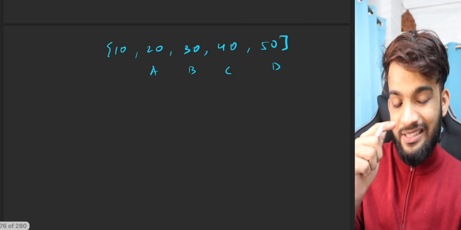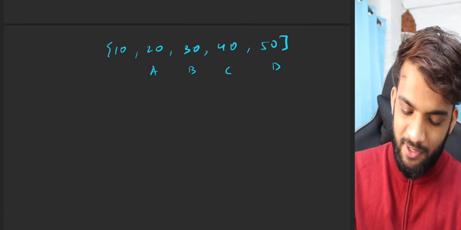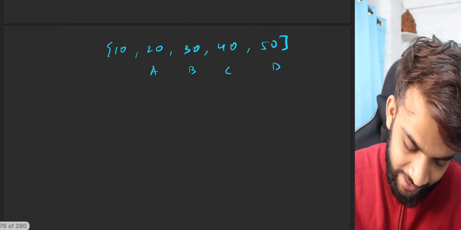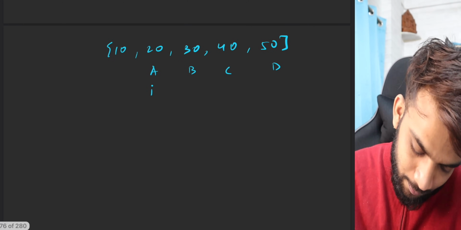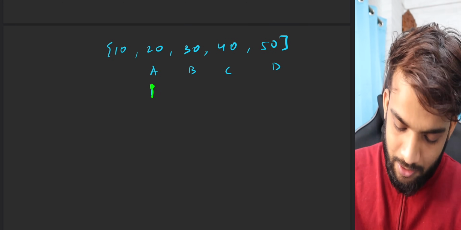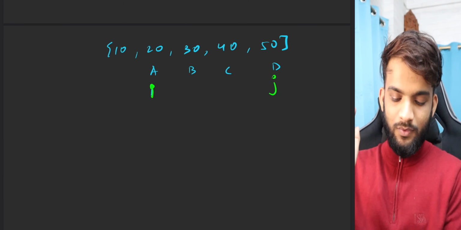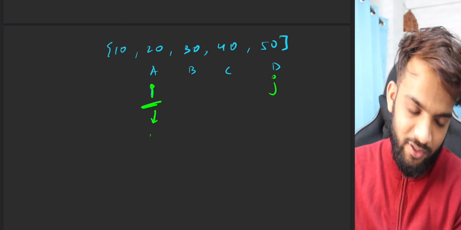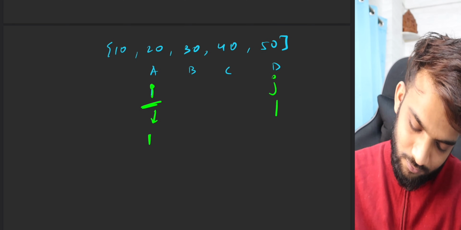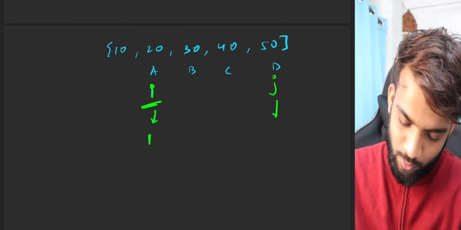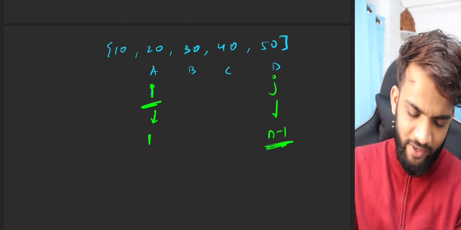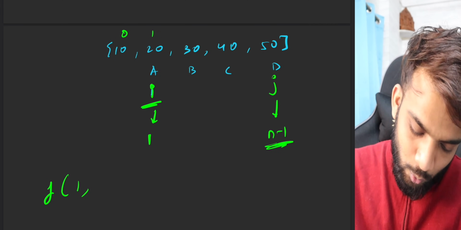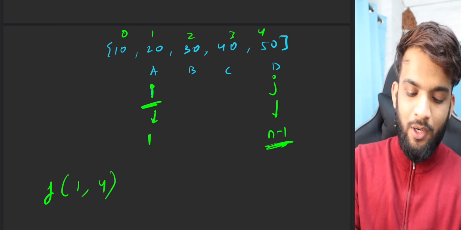Thereby you can say if I'm resembling A, B, C, D, because that is what I'm looking to solve, my I will start here, that's the starting point, because that's what A is. My J will be the ending point. My D will be the ending point rather. Thereby I can say the starting point is 1 and the ending point is n minus 1. Over here, can I say, please solve me f of 1, 4.